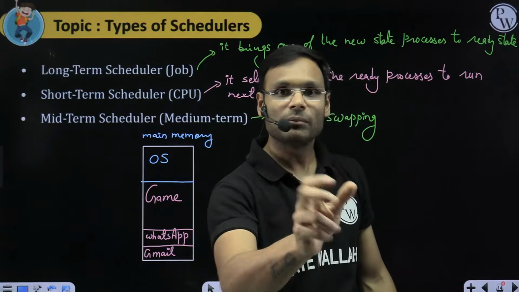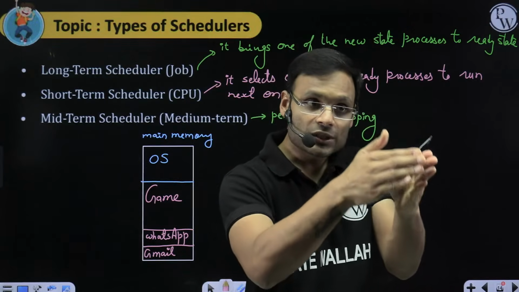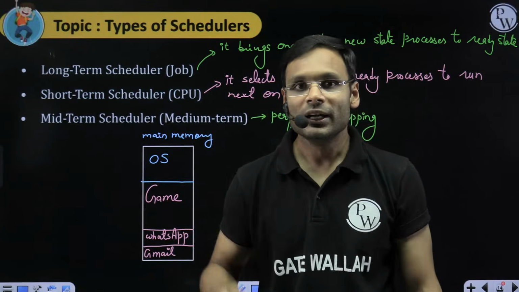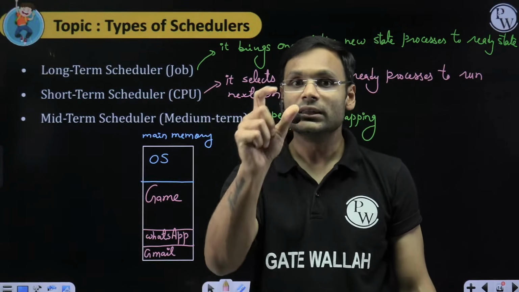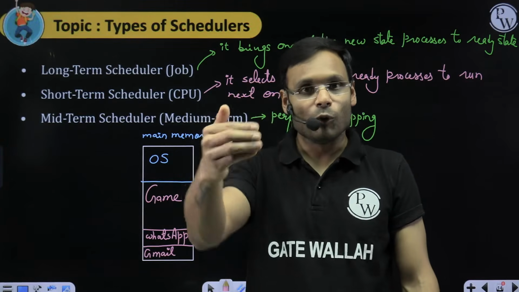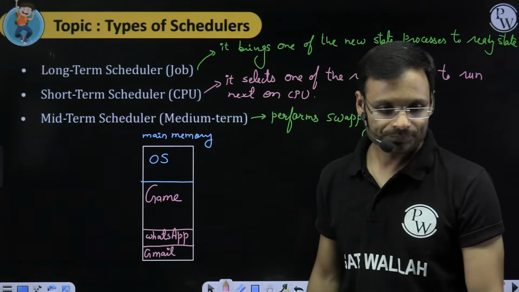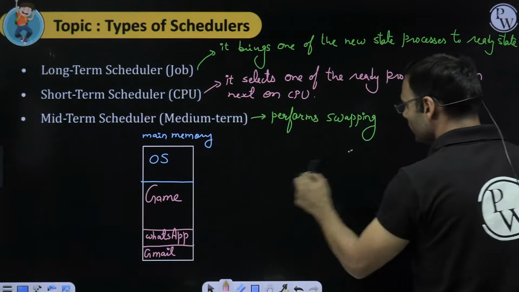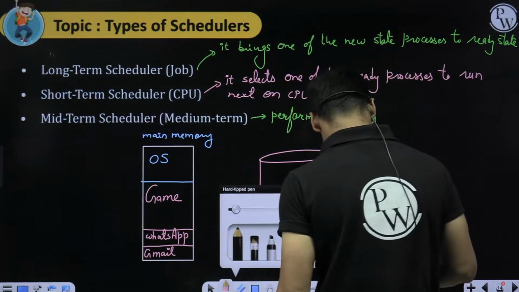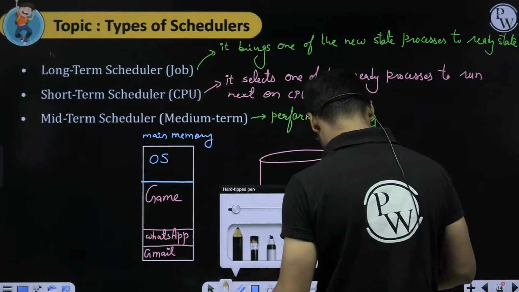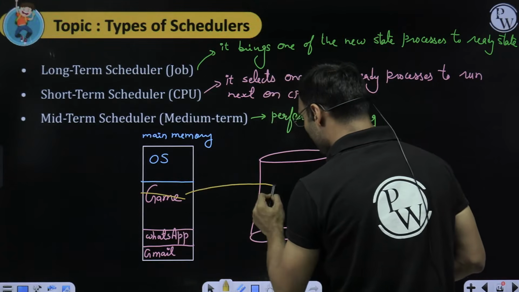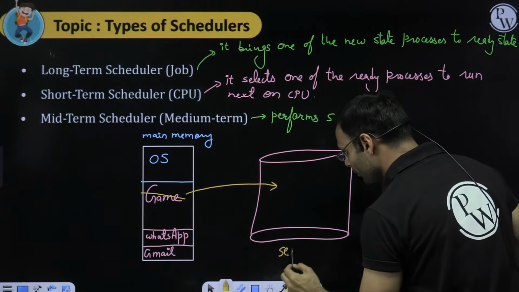On a temporary basis, the OS will remove that game application from RAM to bring in the new application, the text editor, so that it can be opened and the user can use it. So what happens? On a temporary basis, one of the processes is selected from RAM, taken out from RAM and sent to secondary memory.